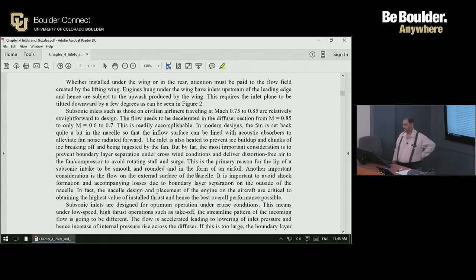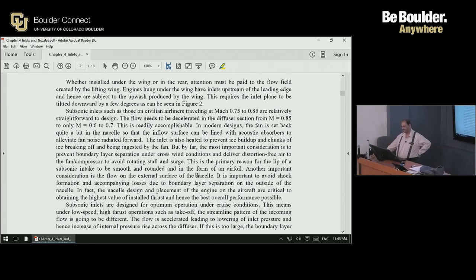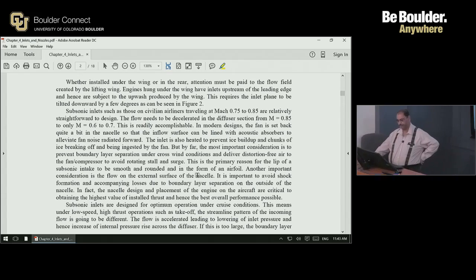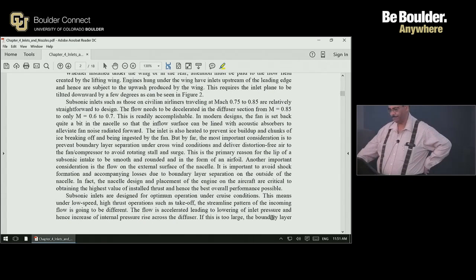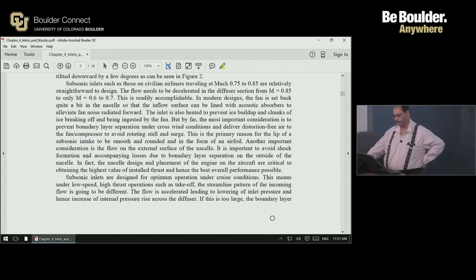That is usually done using hot air from the compressor for de-icing purposes.